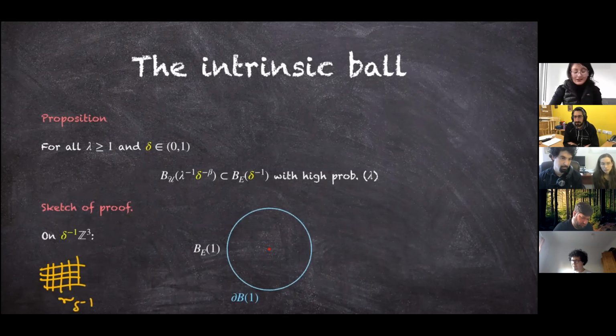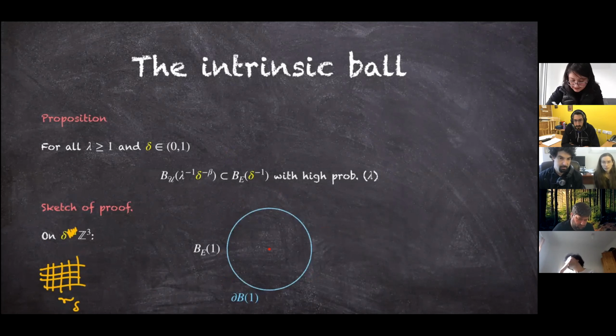Actually, delta is a small number, so the spacing is small, delta between the neighbors. So here, the analog of the Euclidean ball of radius delta to the minus 1, if I'm scaling the space, would be a Euclidean ball of radius 1.